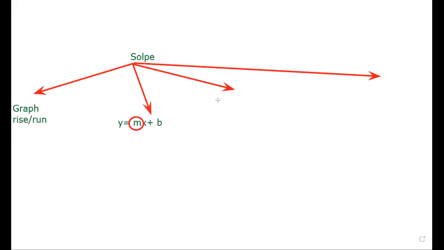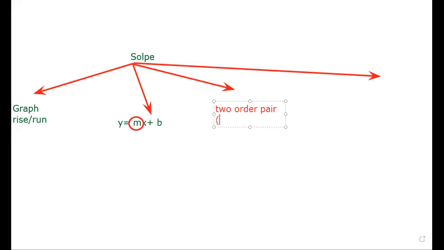What is the third way? How can we find the slope? y2 minus y1 over x2 minus x1. This is in case we have two ordered pairs, or two points.